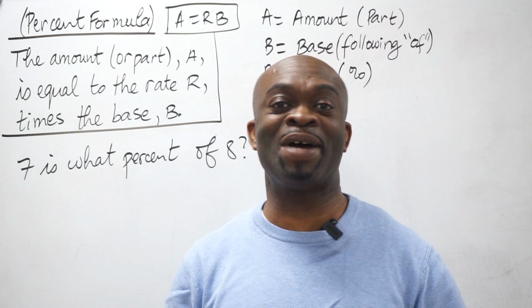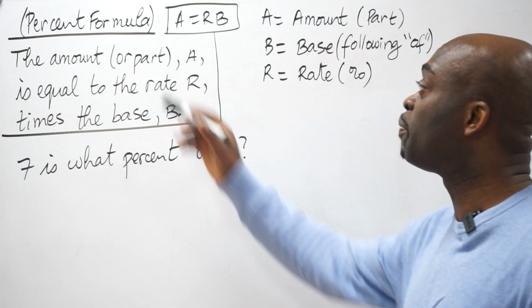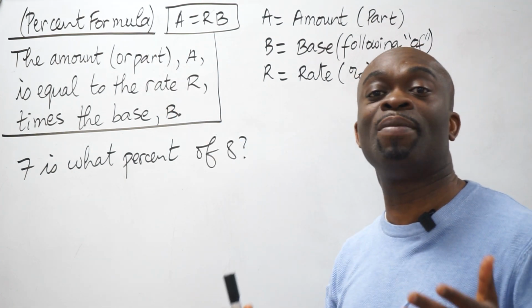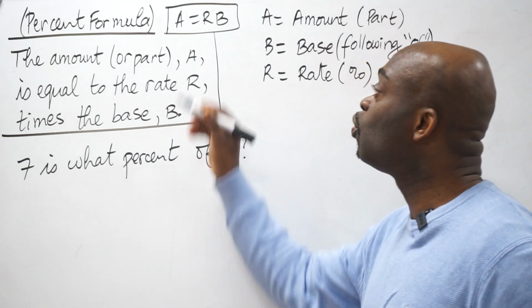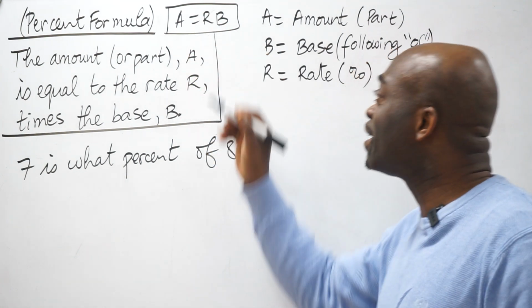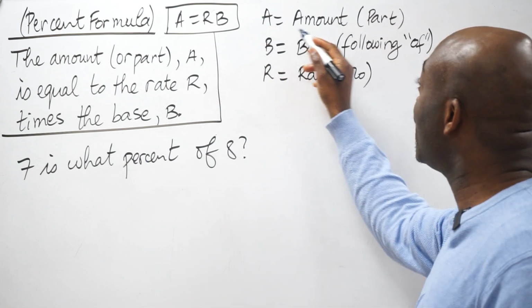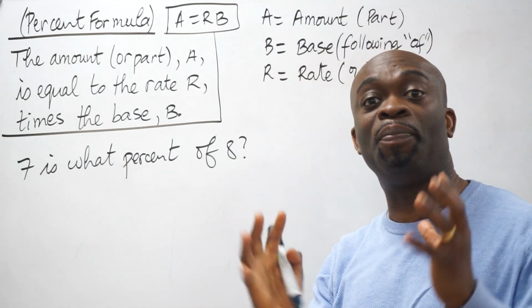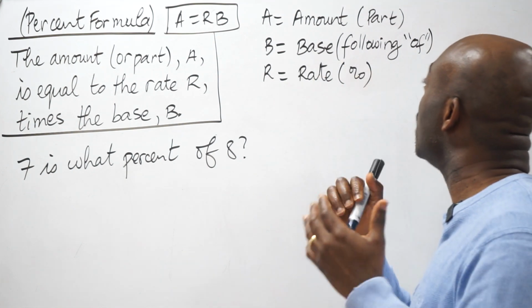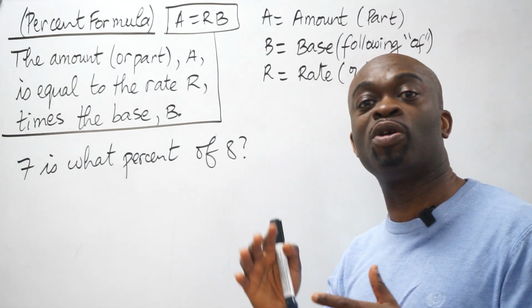All right, so let's get back to our problem here. We're talking about the percent formula. That's the first thing that we need to keep in mind. Whenever we have a problem that involves percent, we think about this formula: A equals R times B. What is A, what is R, what is B? A is the amount, that is the part, the part out of the whole. B is the base, which is the number that follows the preposition "of."